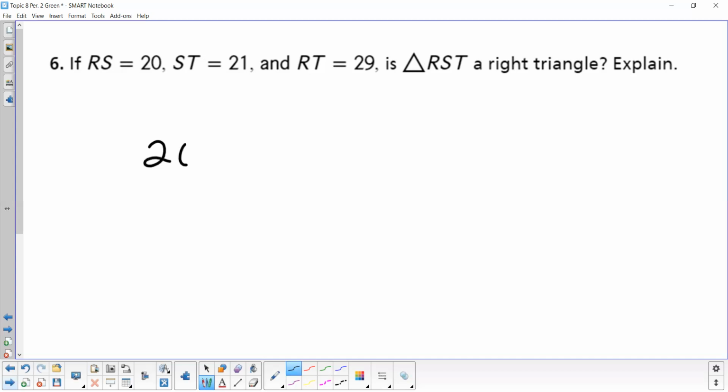It's a right triangle. Yep. So this actually is true. How'd you get that? I got 849.